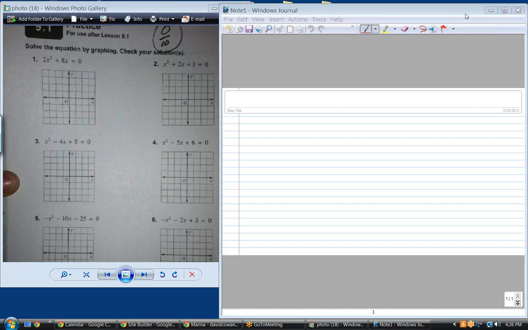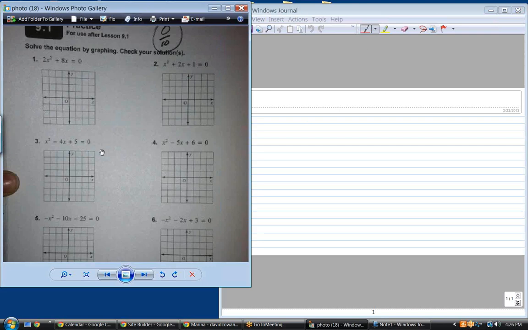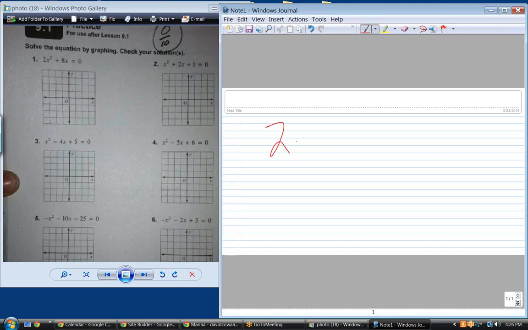Solve the equation by graphing. So the first one is 2x squared plus 8x equals 0.